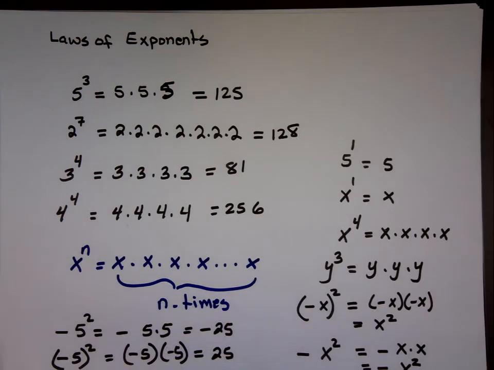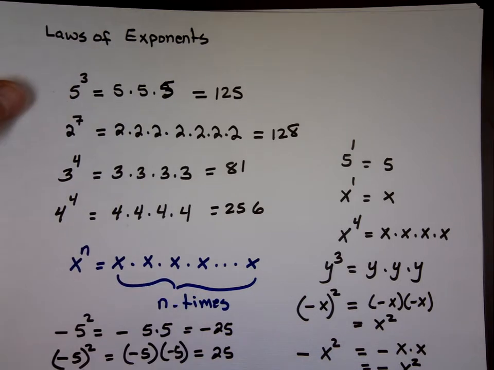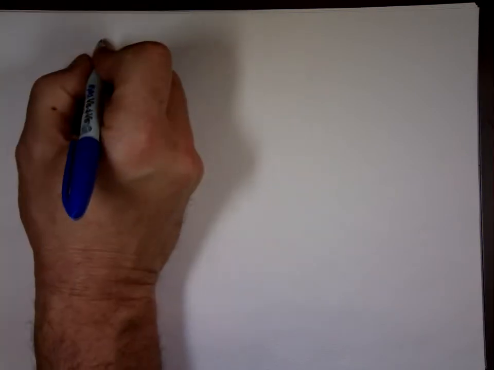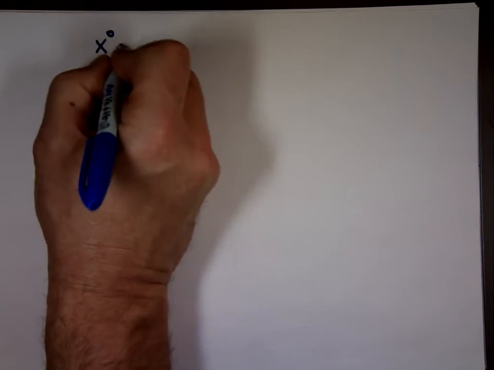Okay, now we're going to go to property or law number 2. This is law number 1. The second law, I'll make it in blue here. Anything to the 0 power is 1.